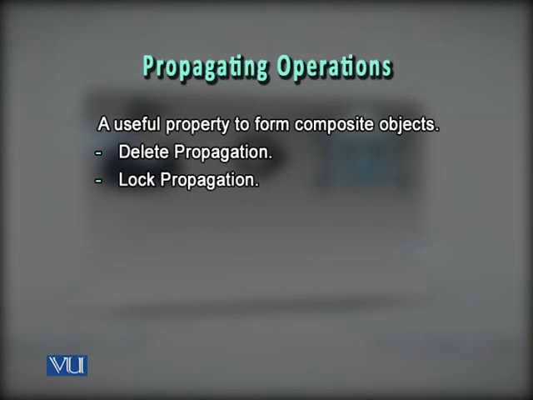Delete propagation means that when you have defined an association between, let's say, two objects, and you define the propagation as delete, then when you delete an object, the reference to that object will be deleted, and the object to which this object was pointing will also be deleted.